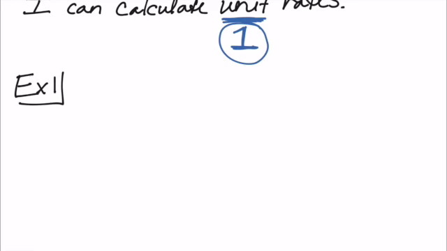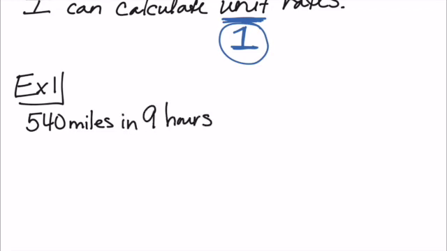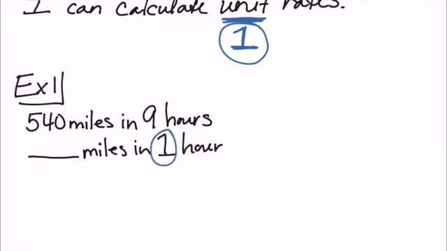So we're going to use the classic example of a car traveling a distance. So we need to do 540 miles in 9 hours. Let's say you're driving and you drive 540 miles over the course of 9 hours. So how many miles does that mean you're going to go in 1 hour? And that number 1 there indicates that we're doing a unit rate when you're finding 1 of something.